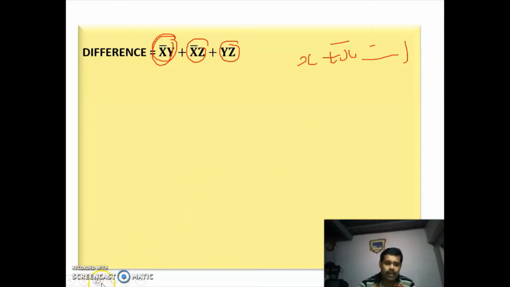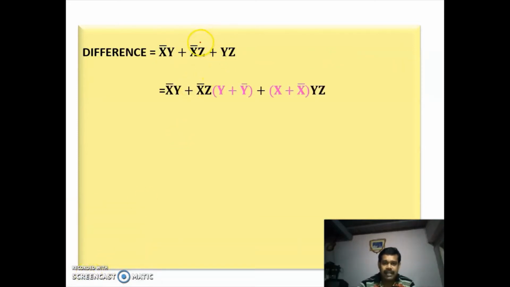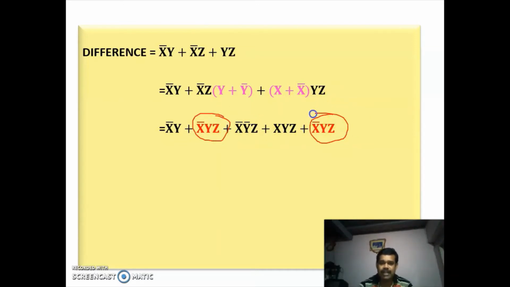So instead of 1, we multiply the missing literal with its complement. In the second term the literal y is missing, so we multiply by y plus y bar. In the third term the literal x is missing, so we multiply by x plus x bar. Then we get x bar y z plus x bar y bar z plus x y z plus x bar y z. This x bar y z is coming two times, and since a plus a is a, we can take it only once.